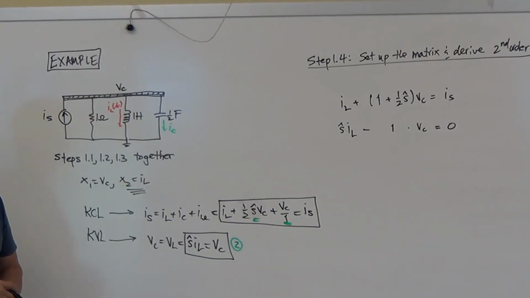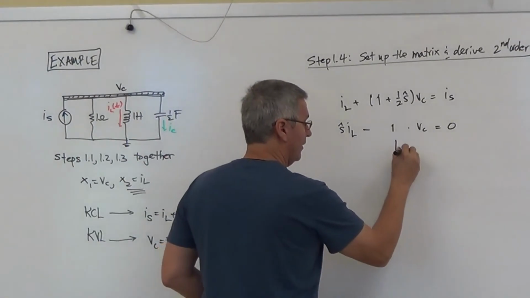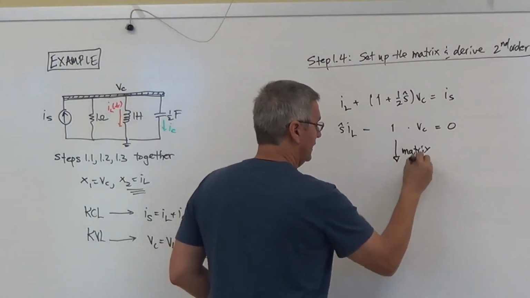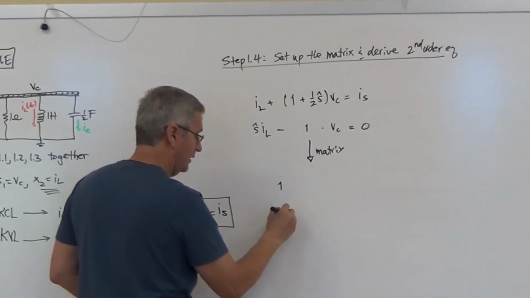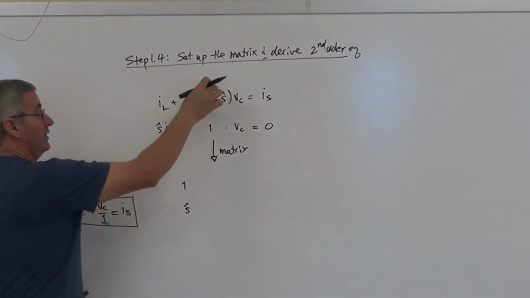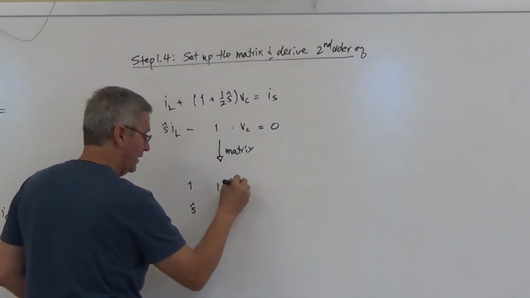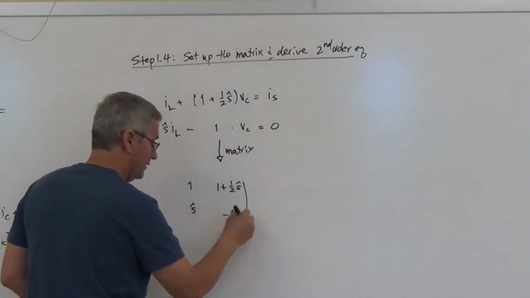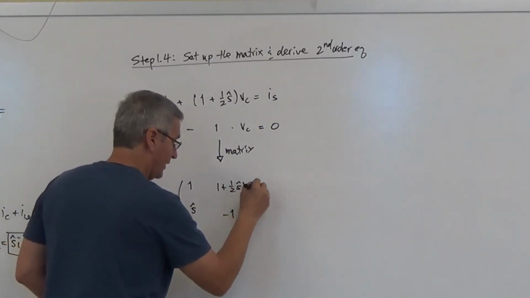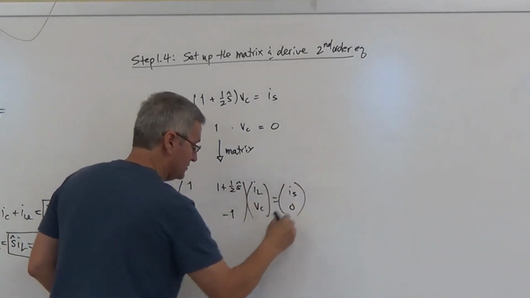For the ILs, it's got to be 1, S hat. For the VCs, it's got to be 1 plus 1/2 S hat, and then I get minus 1. So now I got IL, VC, IS, 0.